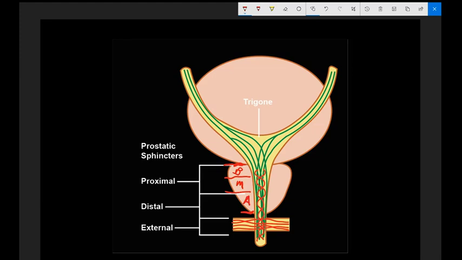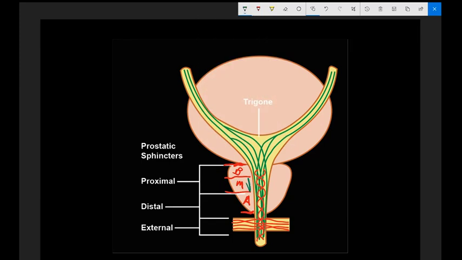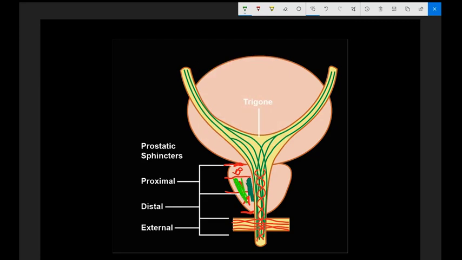You'll also hear the gland divided up from medial to lateral. Now, we've already given you some designations for the zones and some abbreviations for such, but some people will actually divide the gland into a more mesial intermediate portion of the gland and a less mesial lateral portion of the gland.